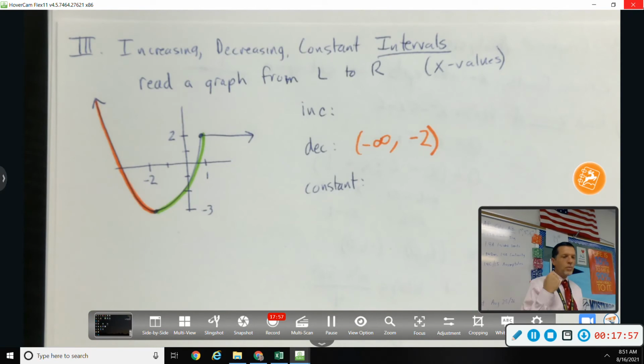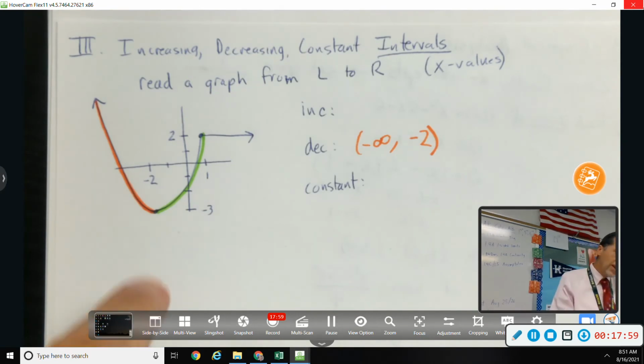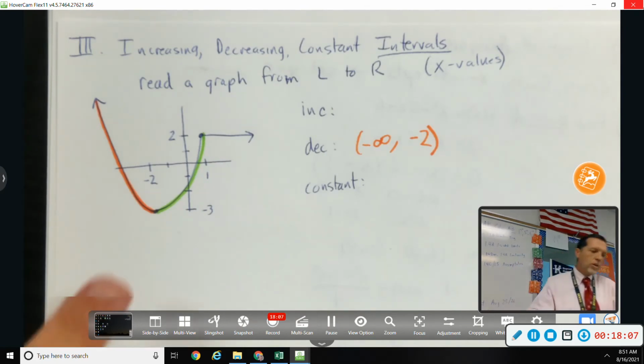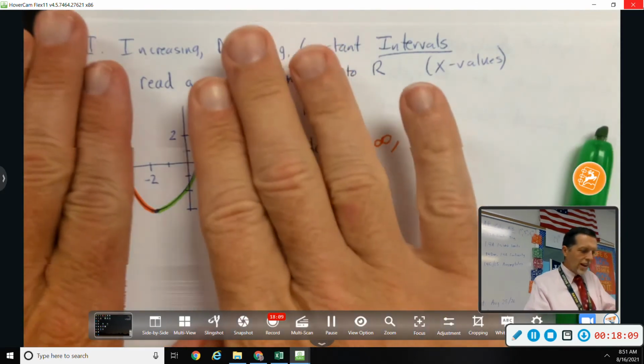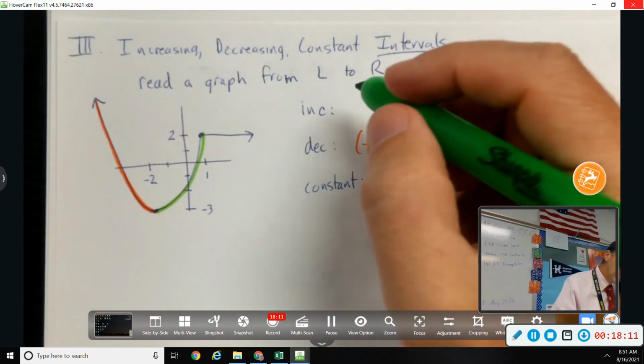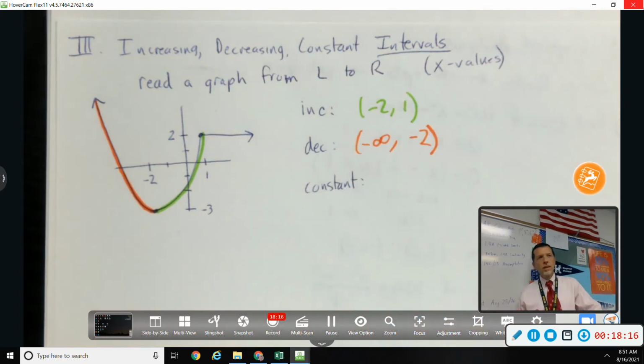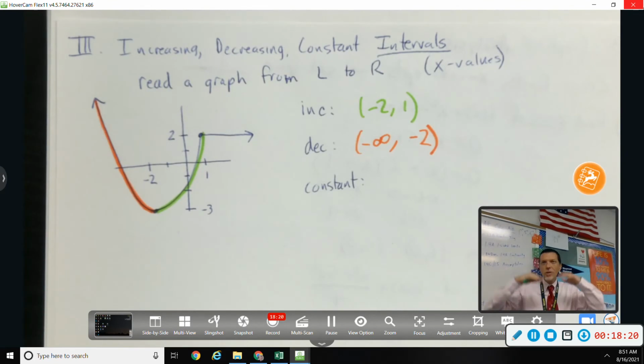So the thing that people miss is they'll tell me that it increases from -3 to 2. I'm like, well, not wrong, but that's not what I'm asking. I'm asking for x values. So what are the x values for that increasing interval? -2 to 1. So yes, you're looking at the y values to see where it's going up and going down, but when you tell me what the intervals are, you got to use x intervals, x values.